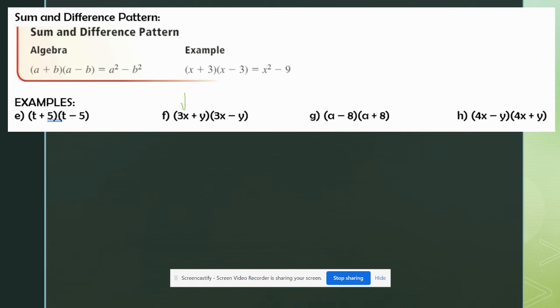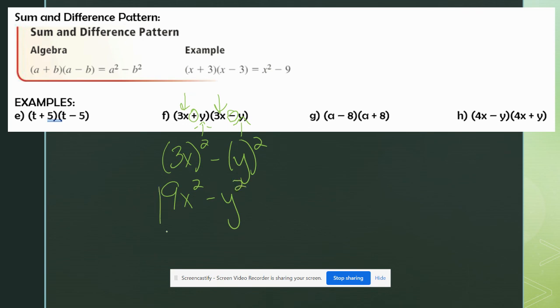We have 3x, they're exactly identical. The y's, they are exactly identical, and a plus and a minus. So that means I can do 3x squared minus y squared. 3 squared is 9, x squared is x squared, and y squared is y squared.